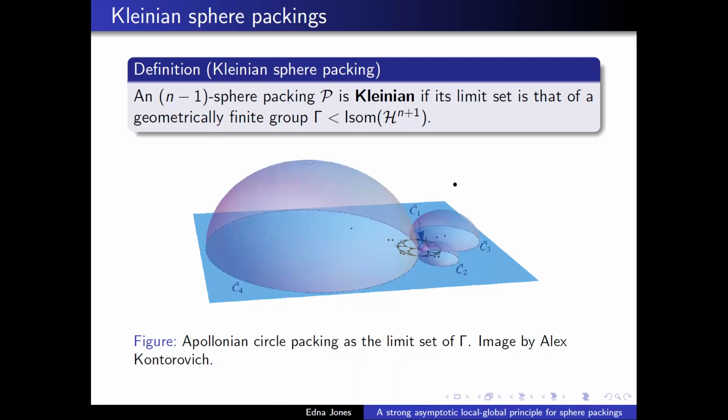So these are finitely generated? They're not necessarily finitely generated. In this case, it's generated by three spheres, technically four, let's say four spheres. Those are reflections generated.